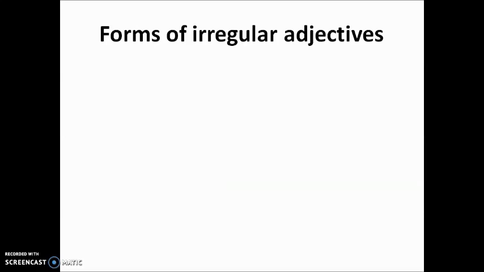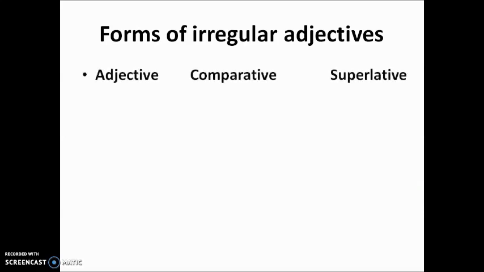With irregular adjectives, we change the adjective into a new one. Like the adjective good, in the comparative form it becomes better, and in the superlative, best. Bad, it becomes worse, and the superlative is worst.